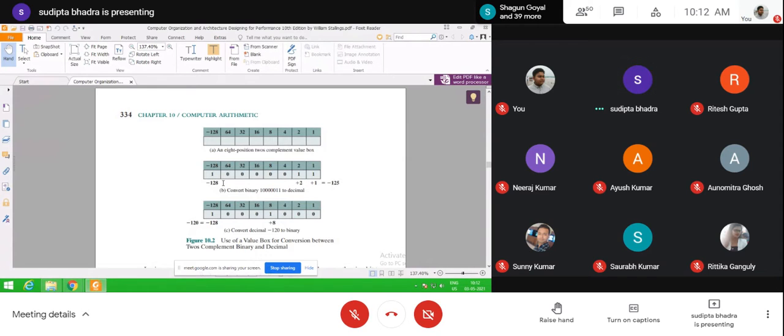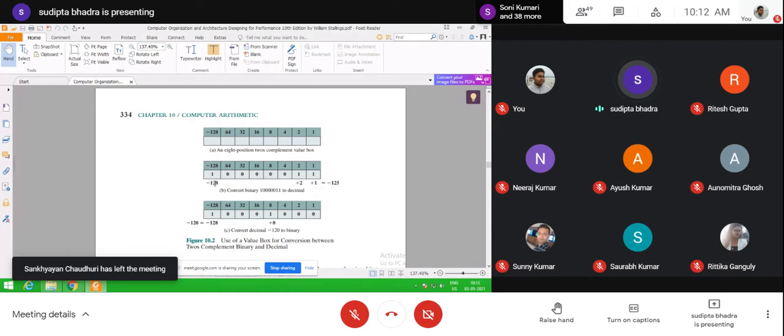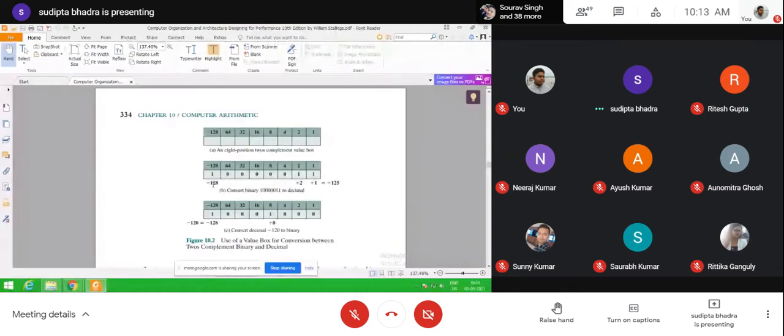Although it is not like sign magnitude, whenever the sign bit of a two's complement number is 1, then minus 128 will be the value of that bit position, and here you will get minus 125.